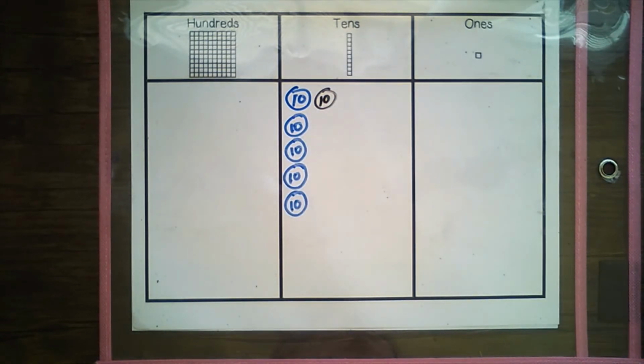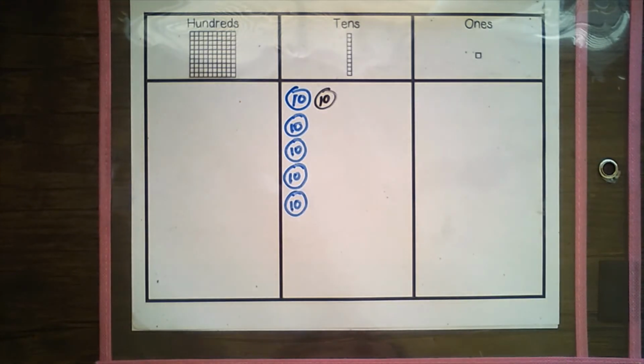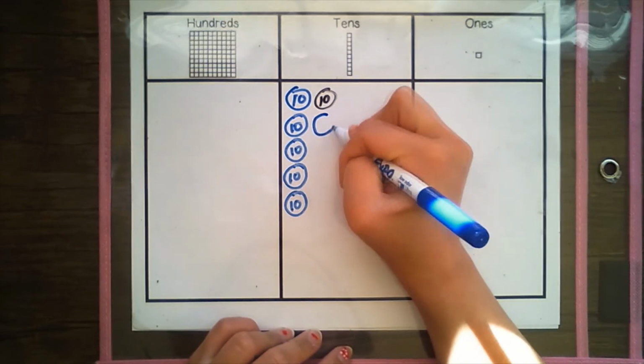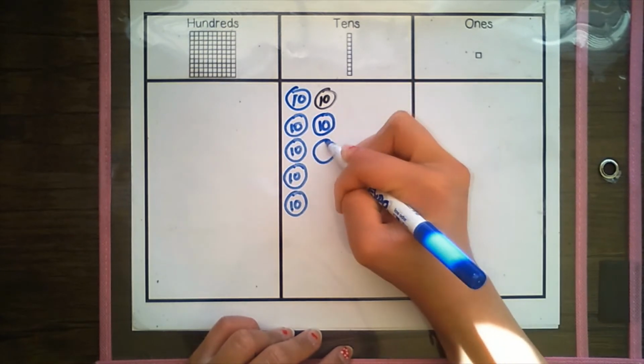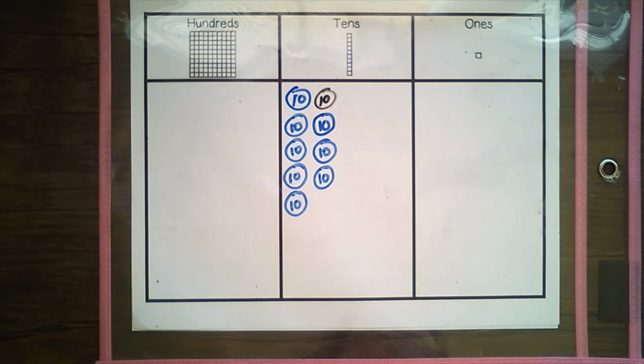Let's keep going. Now we're going to use place value discs again to skip count by tens from 60, which we have here, to 90. So let's go ahead and do that. So we're at 60, 70, 80, and lastly, 90.